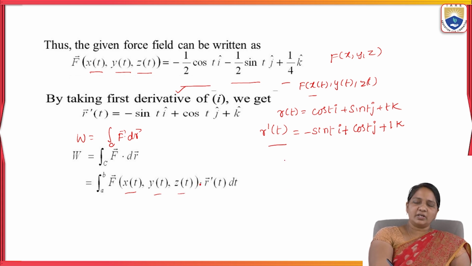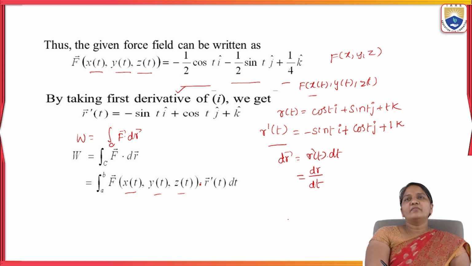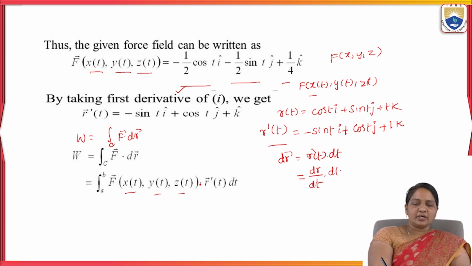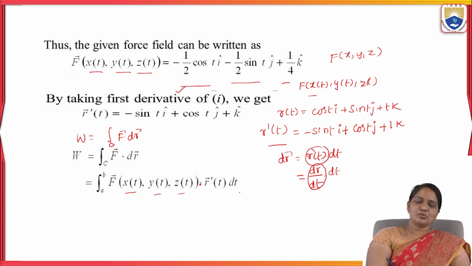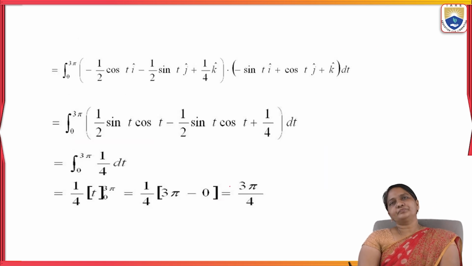As I just told you in the formula, in place of dr we write dr by dt into dt, and dr by dt is nothing but r dash of t. So we replace dr with r dash of t into dt.